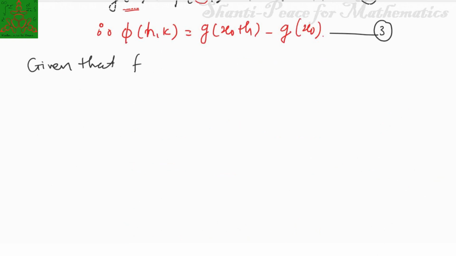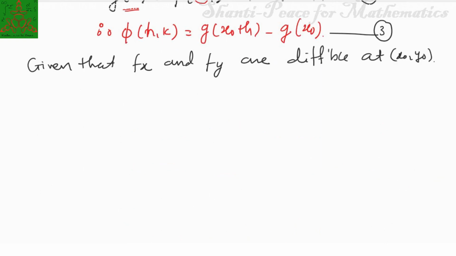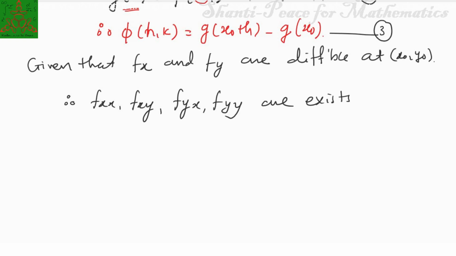Given that f_x and f_y are differentiable functions at (x0, y0), their partial derivatives exist. Therefore f_xx, f_xy, f_yx, f_yy exist at the point (x0, y0).